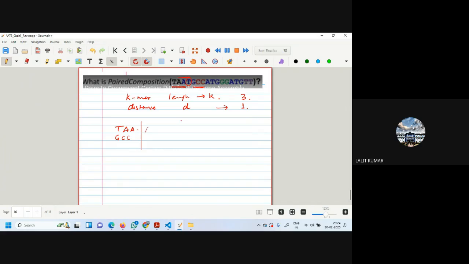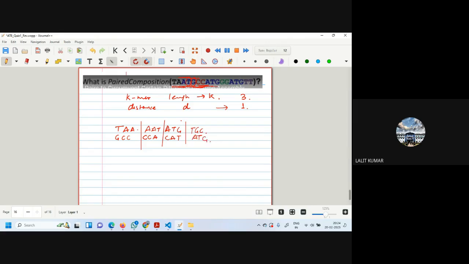Now it is AAT and CCA. Now we slide the window. It is ATG and CAT. From there, TGC and now ATG.